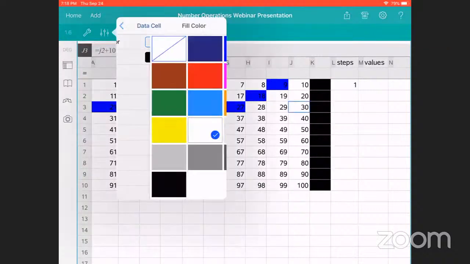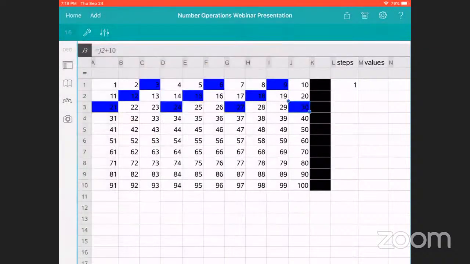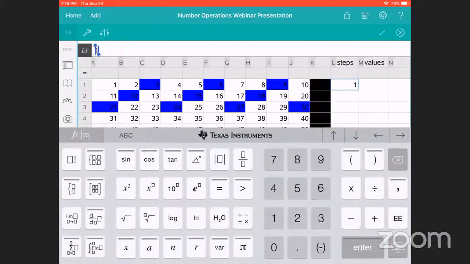And I won't go through the whole chart, but I would start to ask them, okay, what kind of patterns are you seeing? What are you recognizing? And then I take it a step further. And over on column L and M, you'll see steps and values. And here is where I would enter the steps or the series. So if you double click on those cells, you will get your keyboard to pop up.